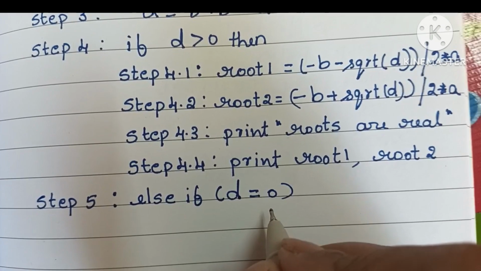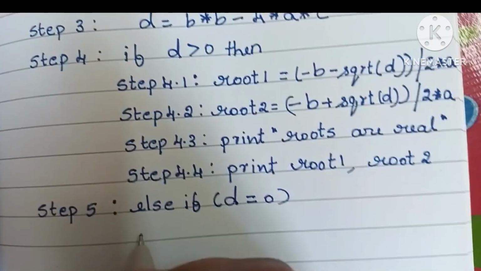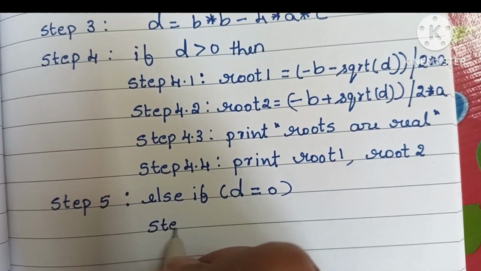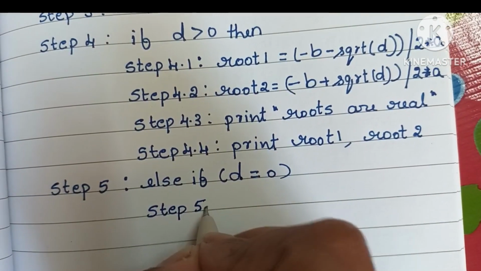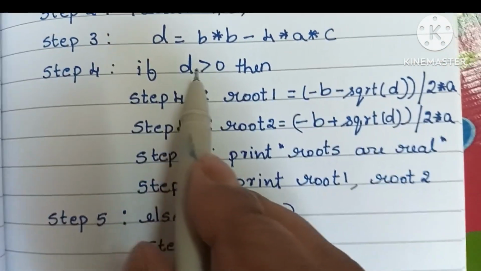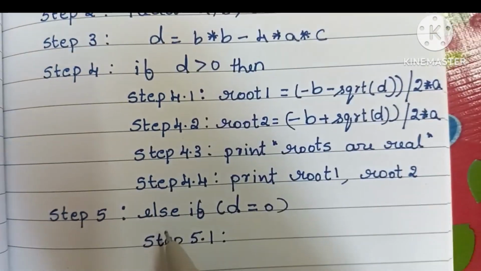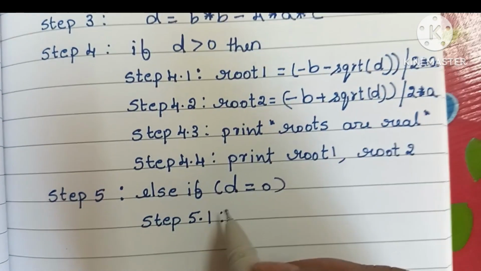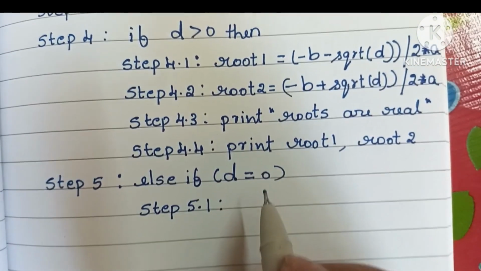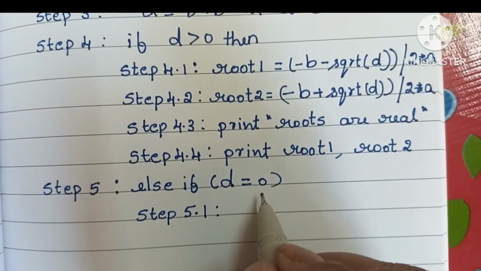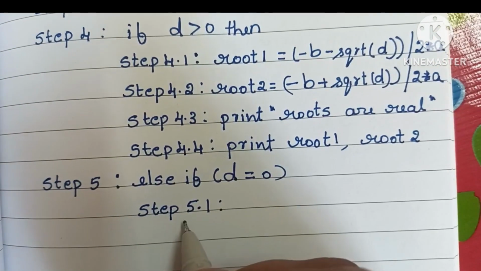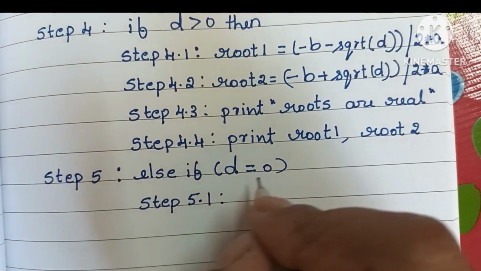If the d value is greater than 0, we execute the previous part. If that condition is not true, then we check if the d value is equal to 0. If this condition is true, we perform step 5.1.